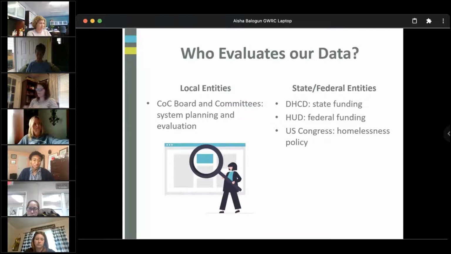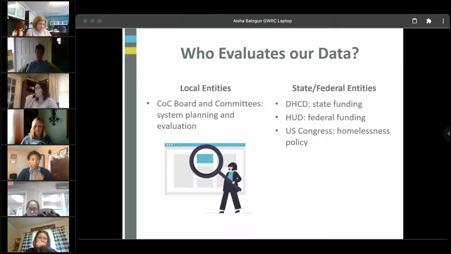HUD is doing the same thing on the federal level, so determining the amount of federal funds that our COC will receive based on our performance. And lastly, US Congress is actually looking at COC data as well to understand trends in homelessness throughout the country and to use that to inform homelessness policy. So the data in HMIS does have a wide range of implications for the work that we're doing as a COC.